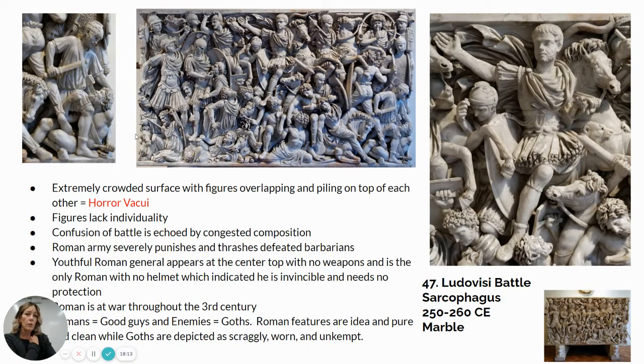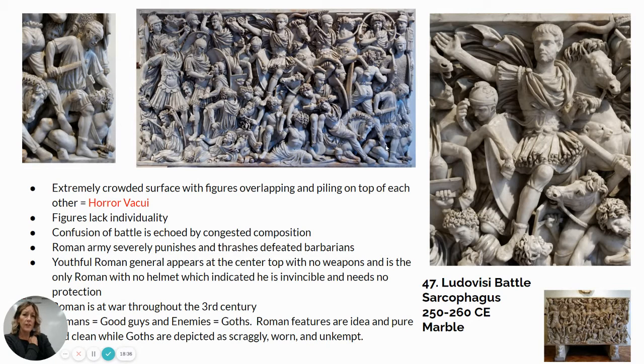So if you also look at the composition from top to bottom, knowing that we've generalized the features of the Romans versus the features of the barbarians, if you look closely, what people are on the top as opposed to the people on the bottom?